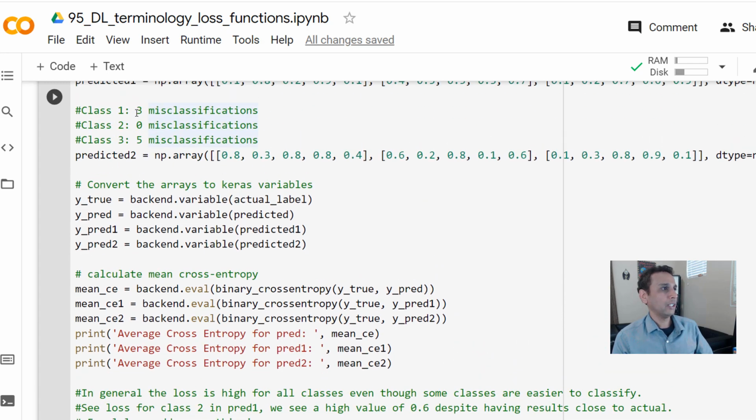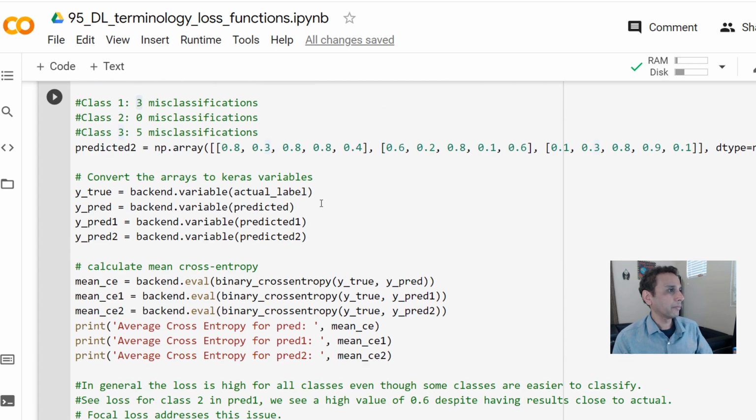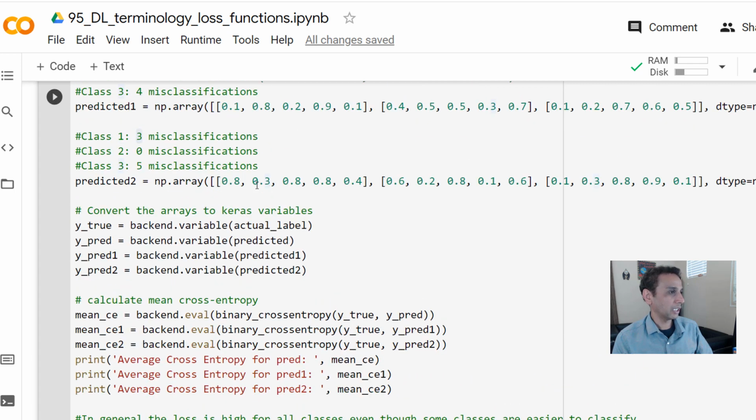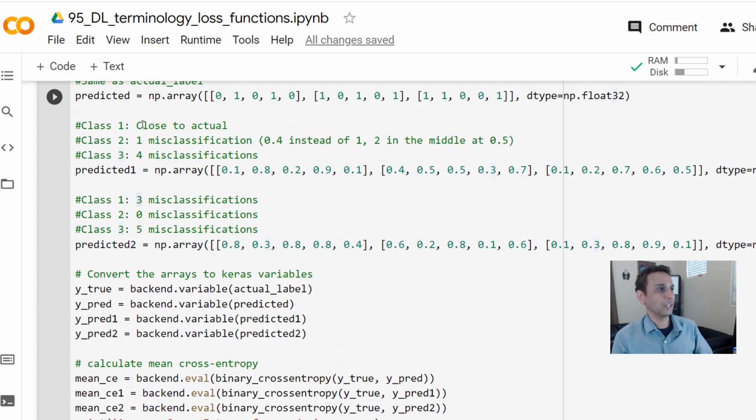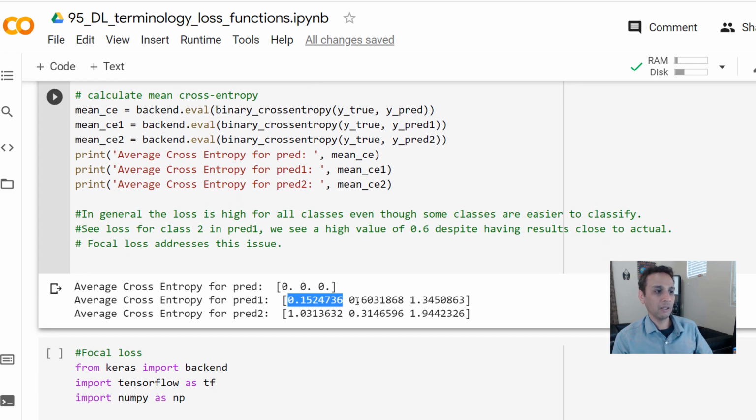Class 1 is close to actual. Class 2, 1 misclassification. Class 3, 4 misclassifications. That's why we have small, medium, and high right there, depending on misclassifications.